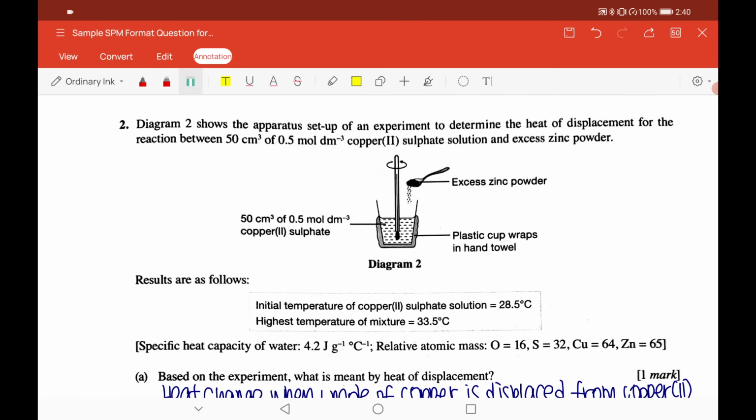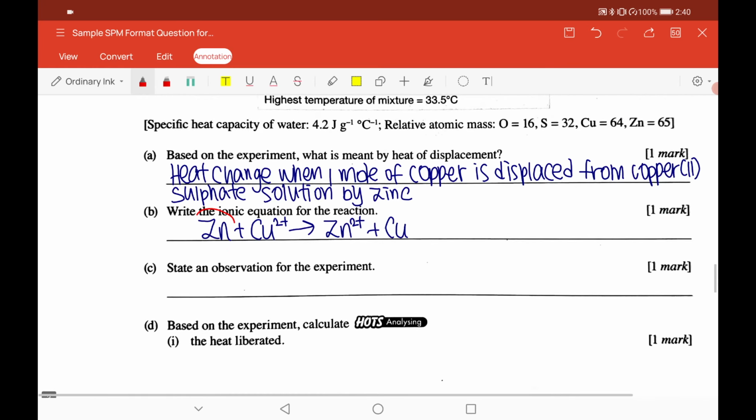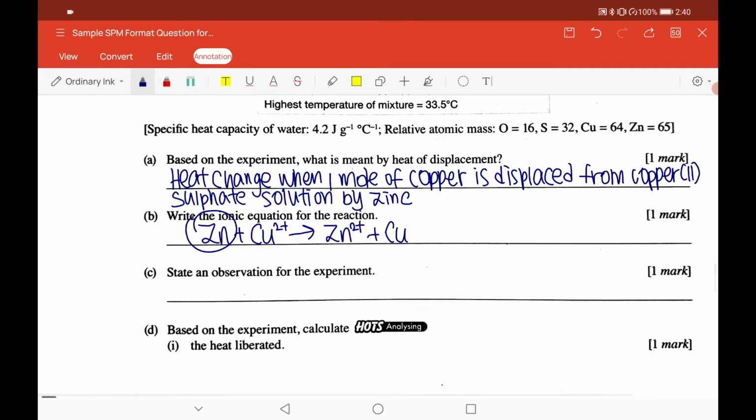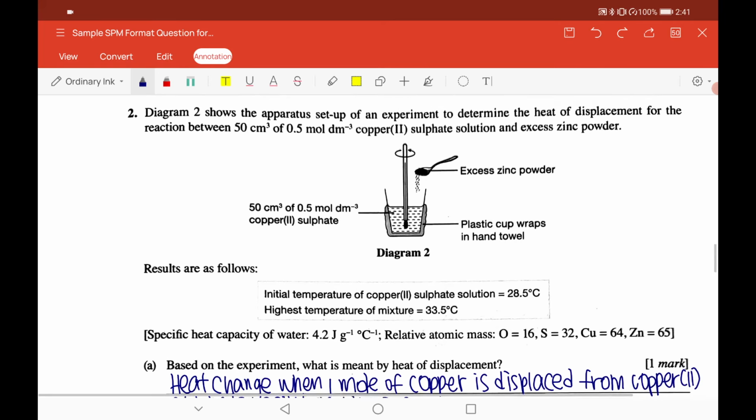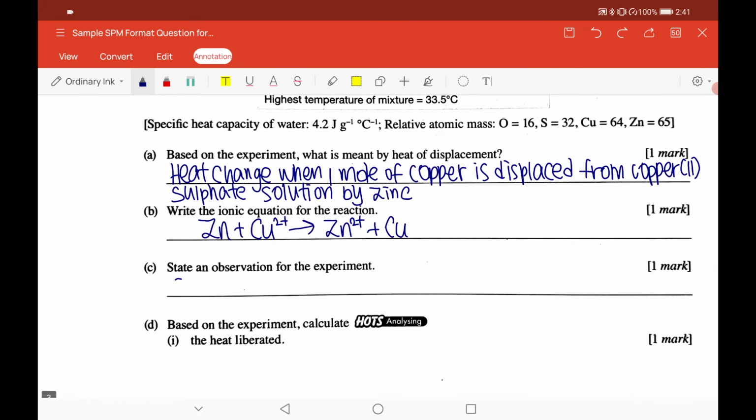So zinc is a metal, it changed to ion, so it dissolves. Who dissolves? Zinc powder. So you can say zinc powder dissolves. That is one of the observations.